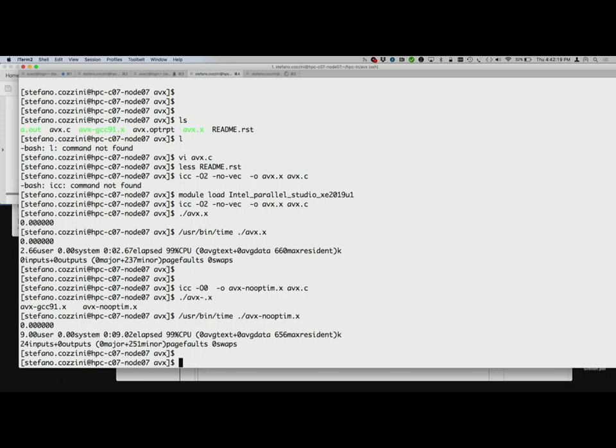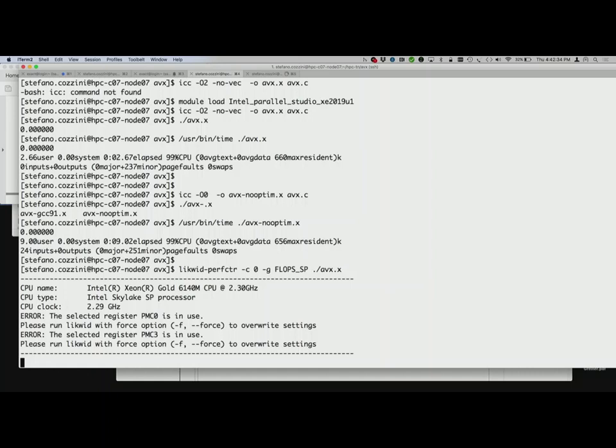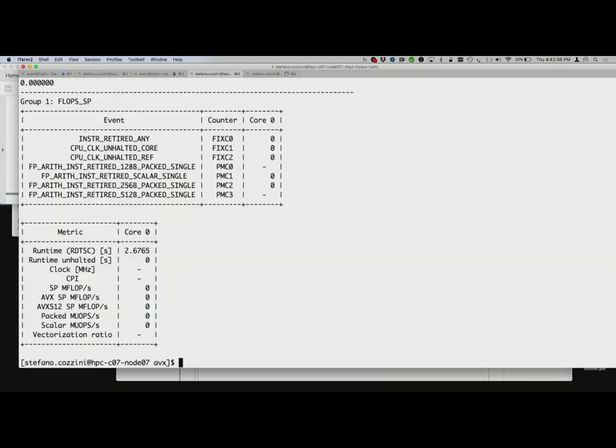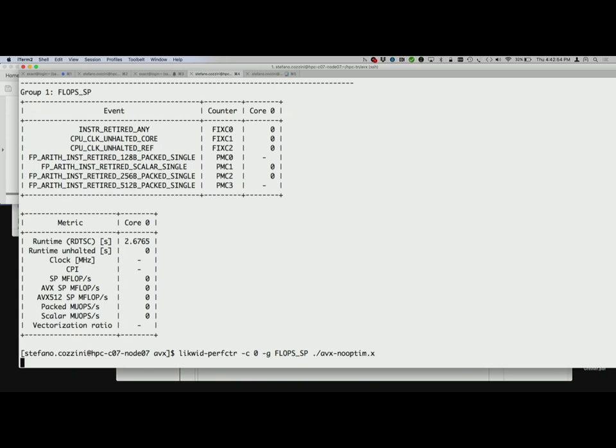What I would like to see is that when I vectorize, I should be able to use the floating point vector, this AVX kind of stuff, but I see 0 here because AVX no optimize.